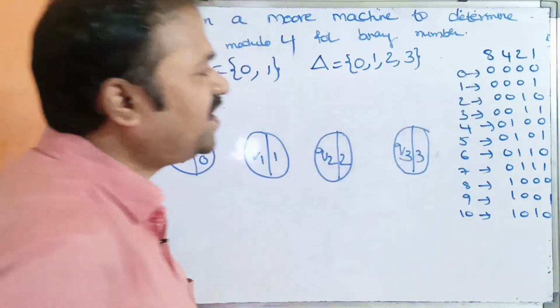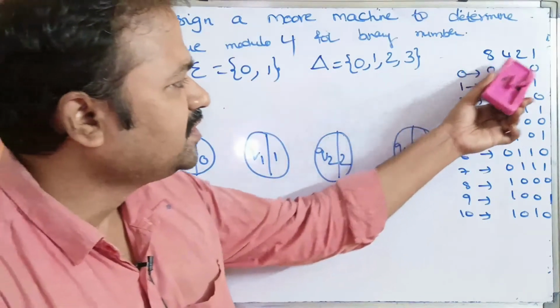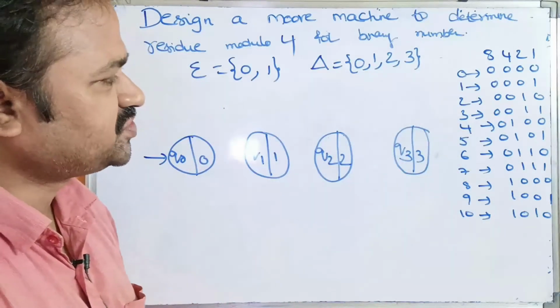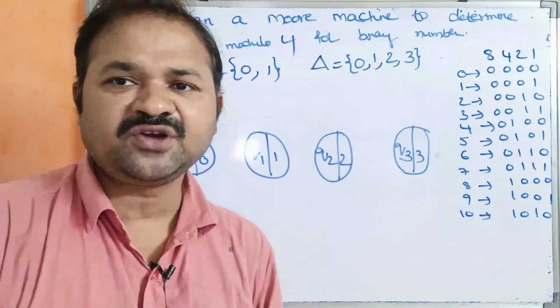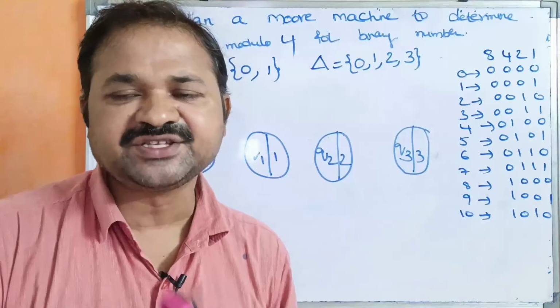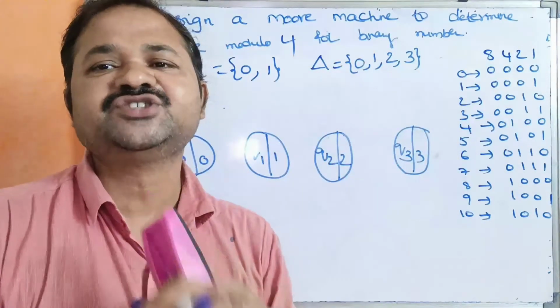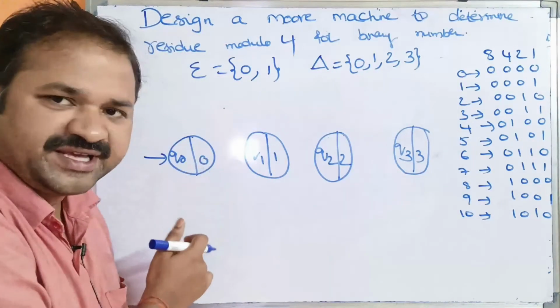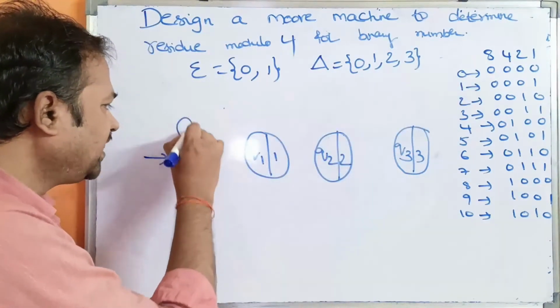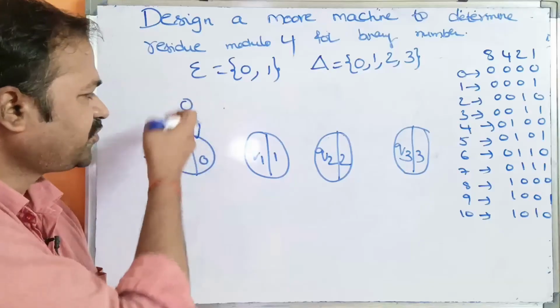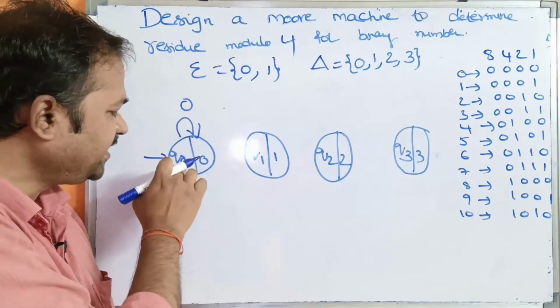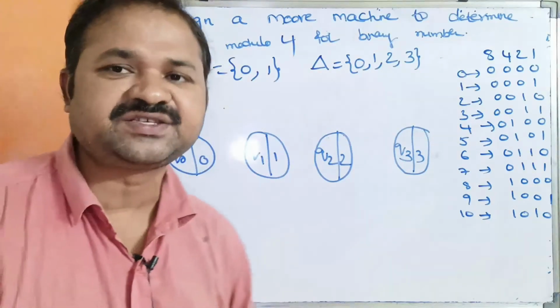The first digit is 0. What is the result of 0 modulo 4? 0 modulo 4 means 0 only, so we have to get output 0. Q0 output is 0. Let us write the self transition: if we apply zeros, we will be at Q0 only. Output of Q0 is 0.